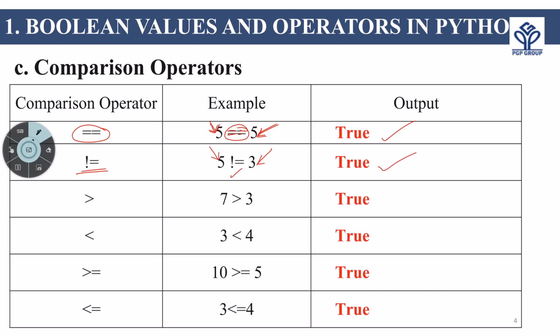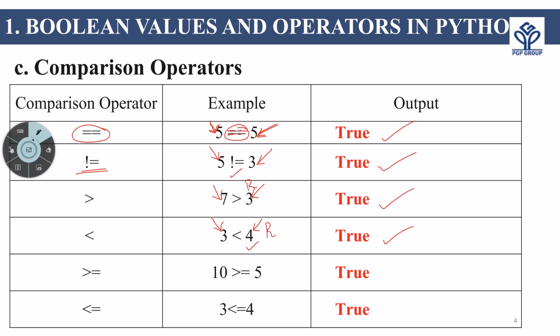Greater than: the left side of the operator is greater than the right side, so it returns true. Next, less than: the left side is less than the right side, the condition is true, so it returns true.